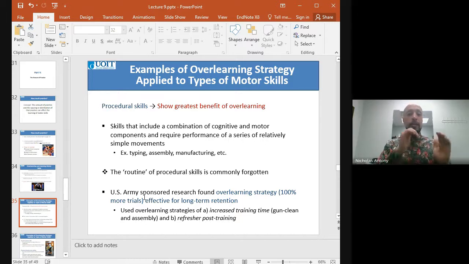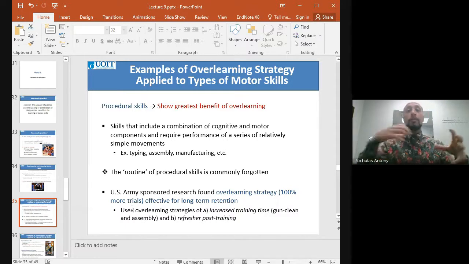If you take the amount of time it would regularly take learners to get to a particular performance level, overlearning is continuing training past that. They implemented an overlearning strategy of 100% more trials. So let's say it took 10 hours to learn this skill. They now made it 20 hours long.